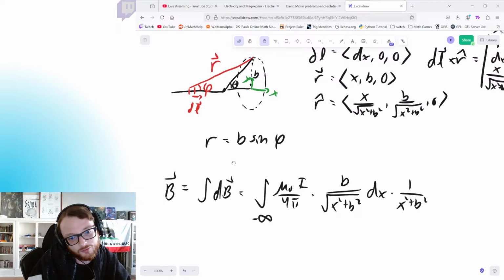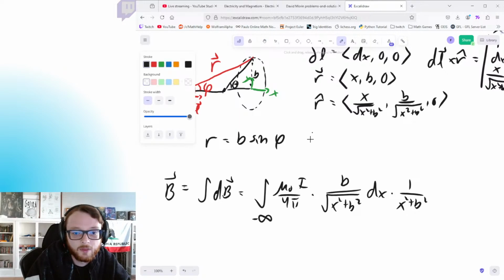is that b tangent theta? Or wait, cotangent, b cotangent theta. Opposite over adjacent, I don't know what to call that length, a.